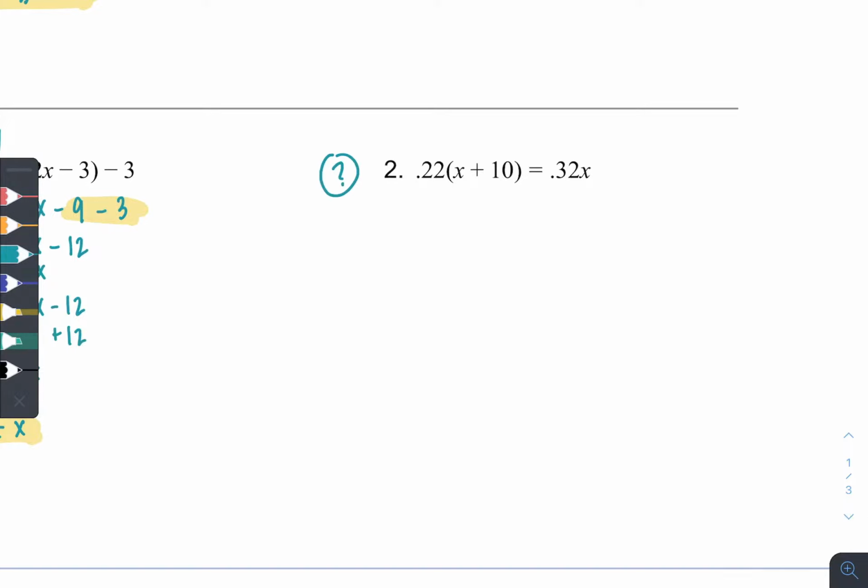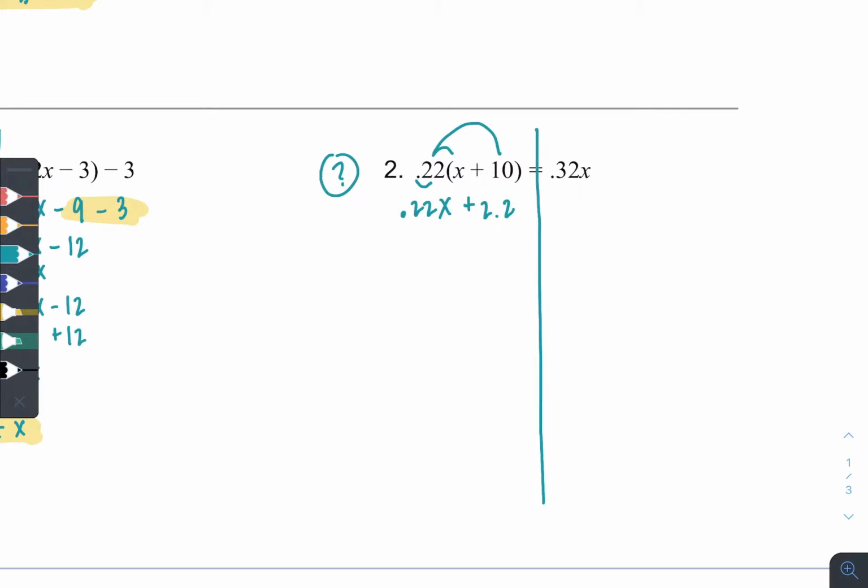All right, to do this problem, I'm going to draw my line just to separate. Step 1 is distribute. You might need a calculator. So 0.22 times x is 0.22x. When we multiply by 10, all we have to do is move the decimal place over 1, so we end up with 2.2.